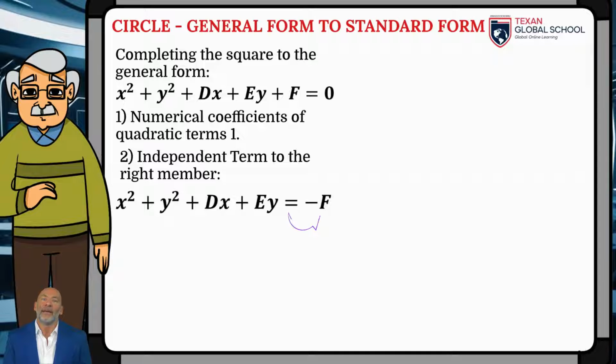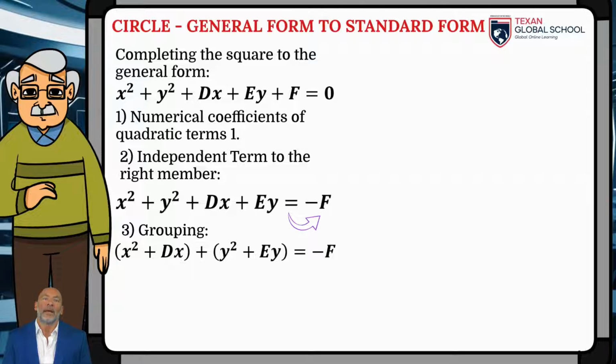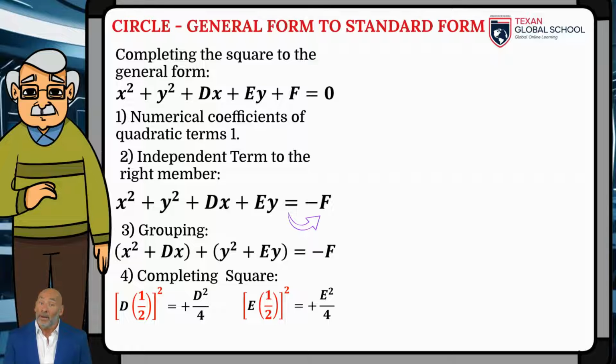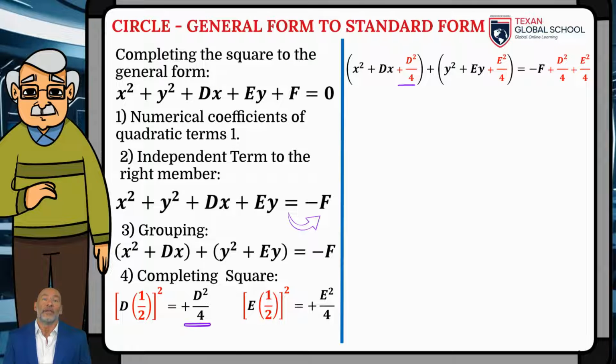Then, we must send the independent term to the right side of the equation. Now, group according to x and y. Then, multiply the numerical coefficient of the linear terms d and e by 1/2 and square the result. We do this for each of the variables, that is, twice. The values obtained must be added to both sides of the equation.